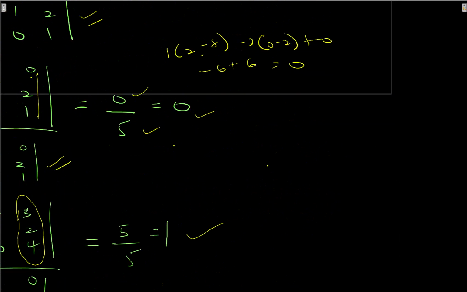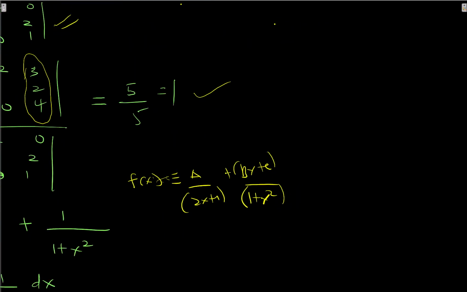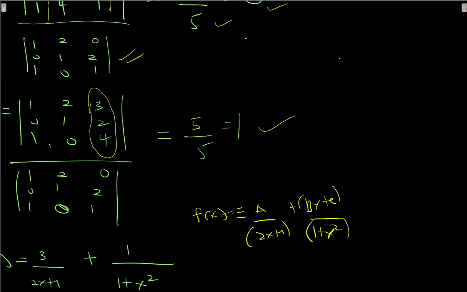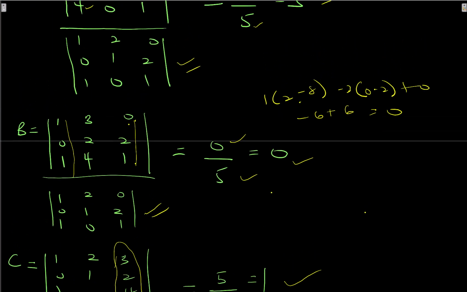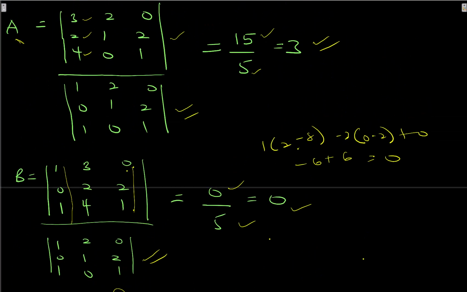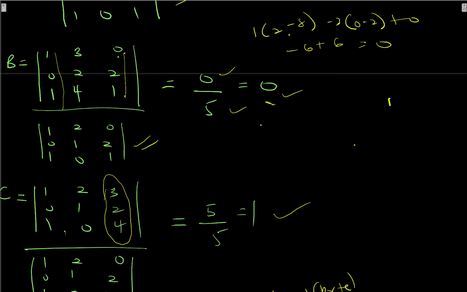So good. When we solved, we had a to be positive 3, we had b to be 0, and c to be 1.